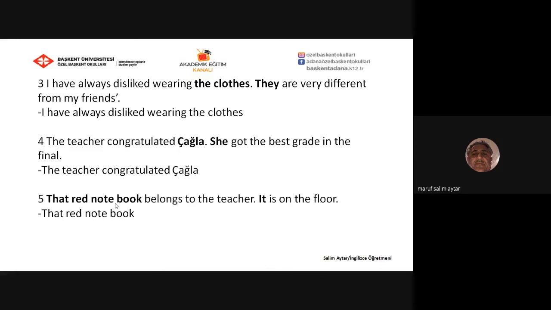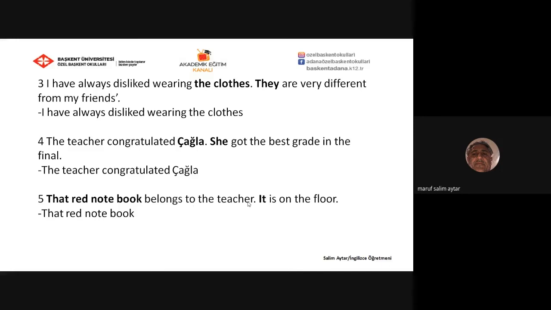That red notebook, well, it is already defined, huh? Can you give extra information about that red notebook?